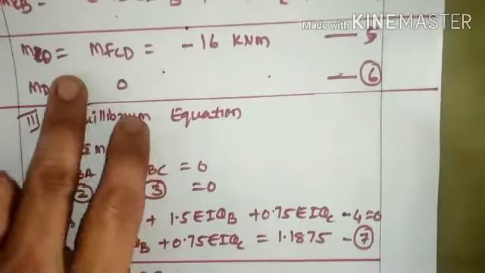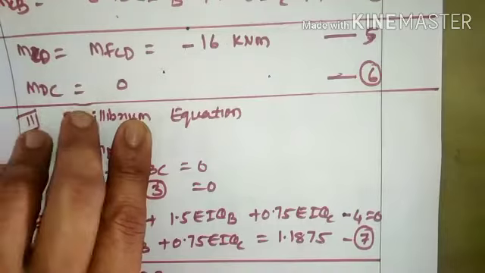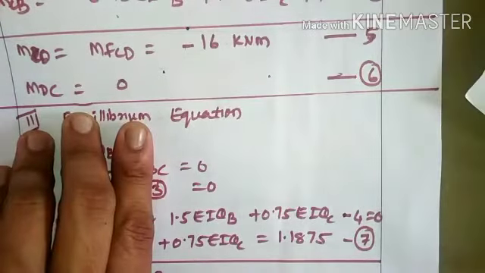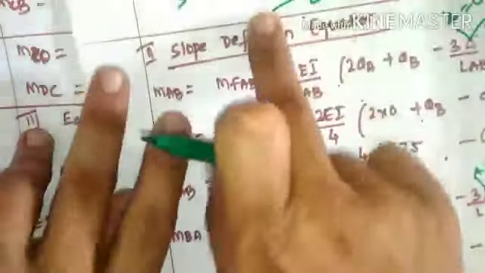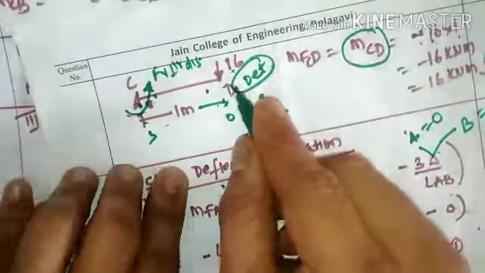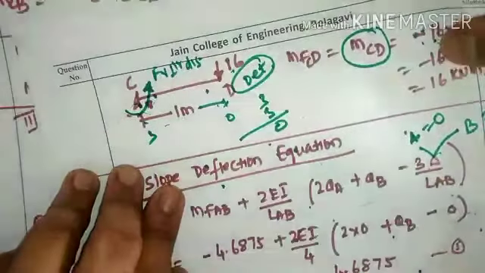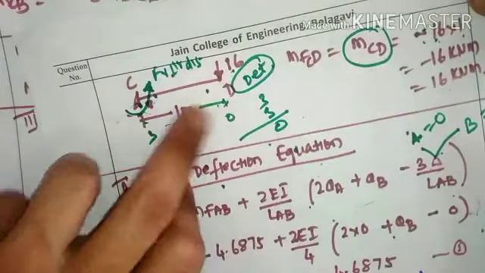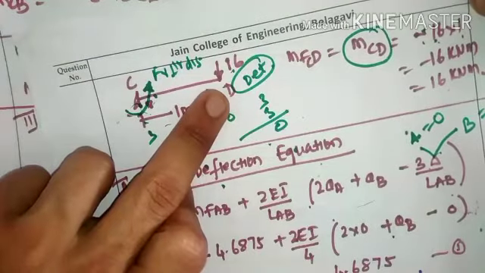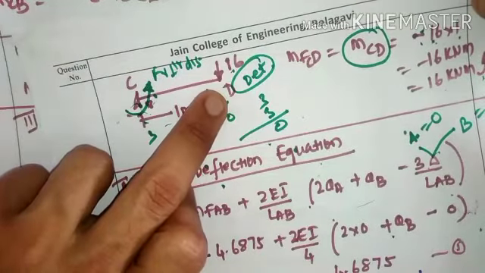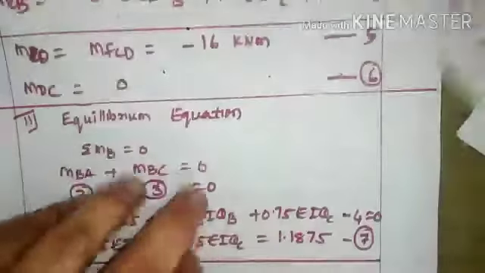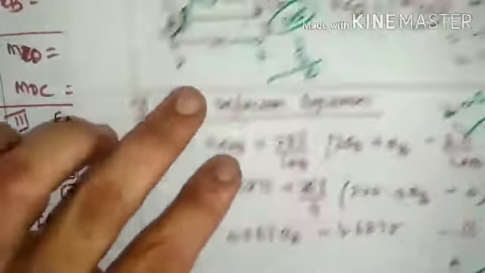Now proceeding further for MCD. MCD here is a determinate structure, because one end is fixed, other end is free, which is as good as a cantilever beam. One end is fixed, other end is free, so it is a determinate structure. For a determinate structure, I am not going to use any equations of equilibrium, so any slope deflection equation.